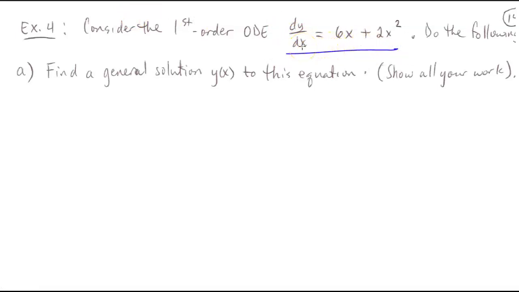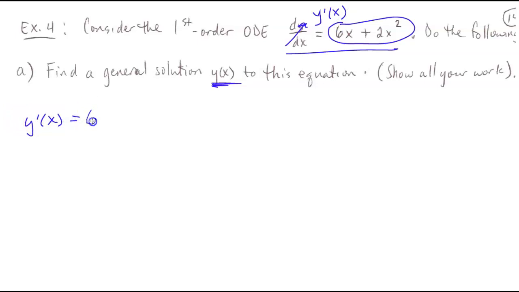And what we want to do first is find a general solution to y of x, meaning that we basically want to find out what is going to be the most general solution to this ordinary differential equation here, okay? And noting that dy over dx is just y prime of x, essentially, all we really need to do is take the antiderivative of the right side.